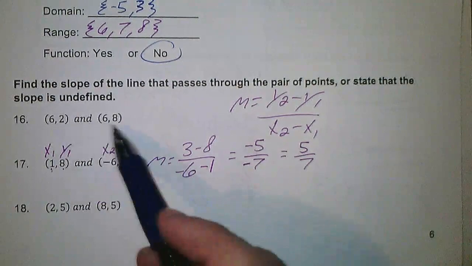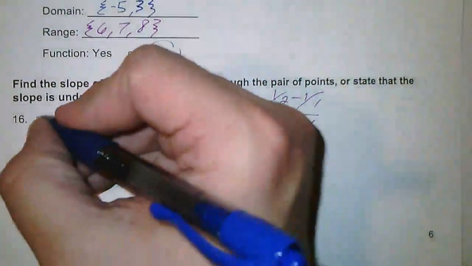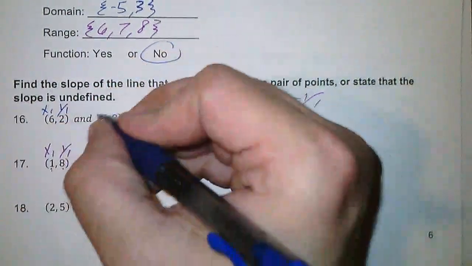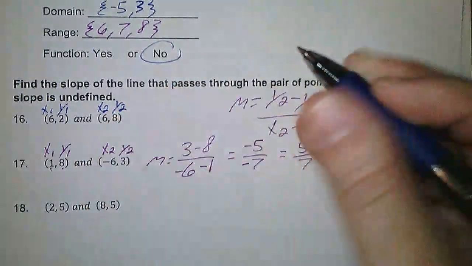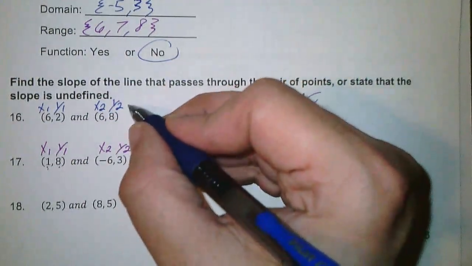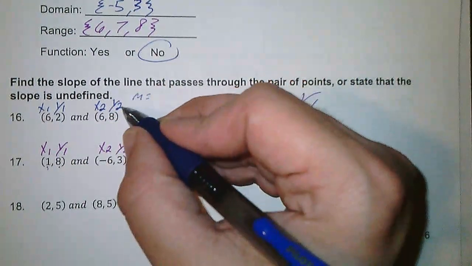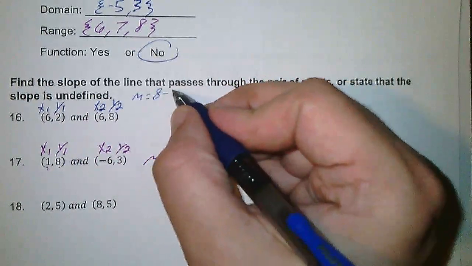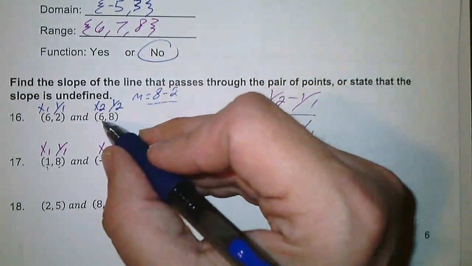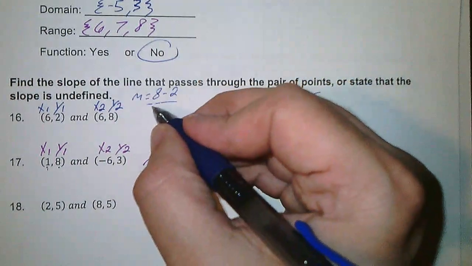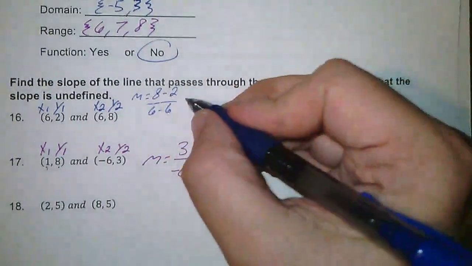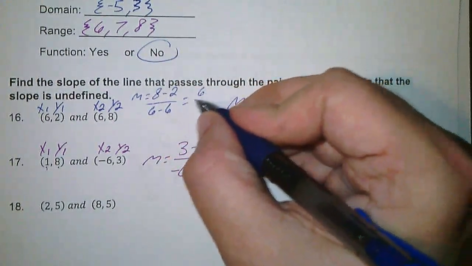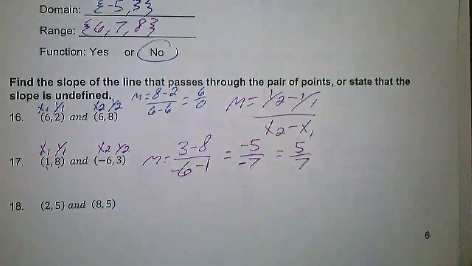These are the special cases. So we have x1, y1, x2, y2. So we fill in the formula. Y2 minus y1 is 8 minus 2. X2 minus x1 is 6 minus 6. So we get 0 in the denominator.